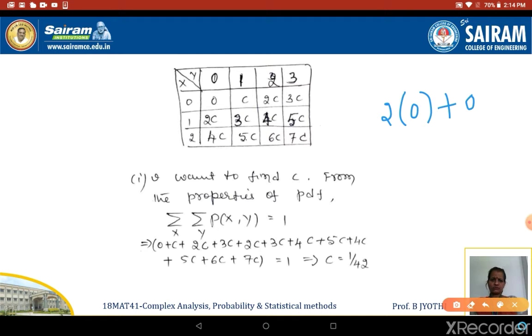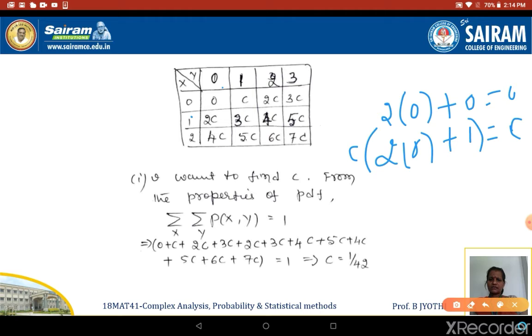If I take 2x plus y, where x is 0 and y is also 0, then it gives us equal to 0. Let me see the other one, 0 and 1, that is 2 times 0 plus y is 1. It is multiplied with c. So what do we get? It is equal to 1c.